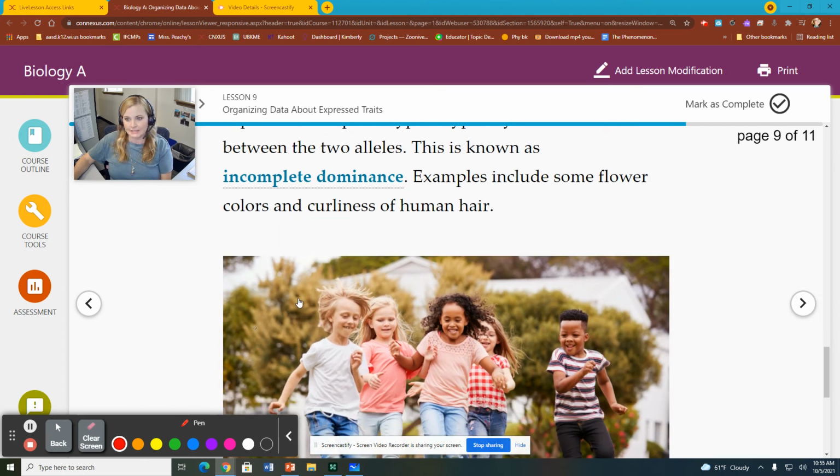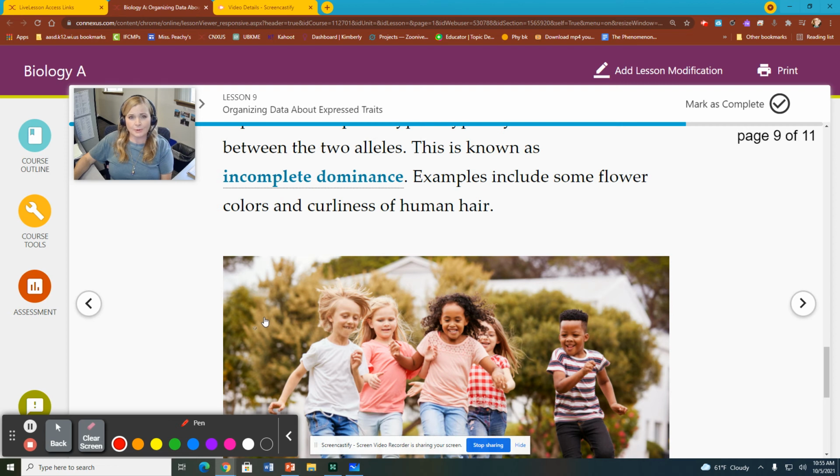But blended dominance results in a combination that is in between the two. So if you have somebody with curly hair and somebody with straight hair, then the blend would be wavy hair. So incomplete dominance results in something that's in between.